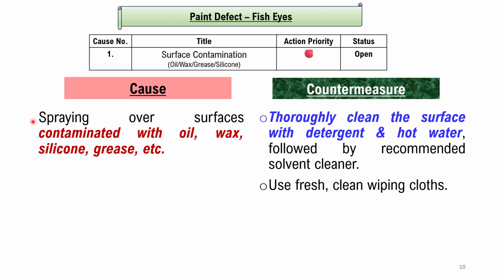Cause: spraying over surfaces contaminated with oil, wax, or silicone grease, etc. This is very important. Thoroughly clean the surface with detergent or hot water, followed by recommended solvent cleaner. Use fresh, clean wiping cloths.